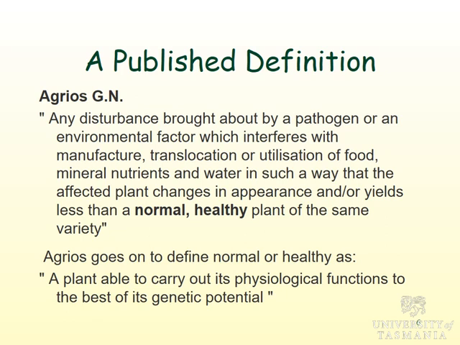So it's saying if it's not causing any symptoms, it's not a disease in this instance. So yields or appears different or yields less than a normal healthy plant. Now that's a bit of a cop-out, but he does follow up and say a normal healthy plant is one that is able to carry out its physiological functions to the best of its genetic potential. On that definition, every single plant's diseased.